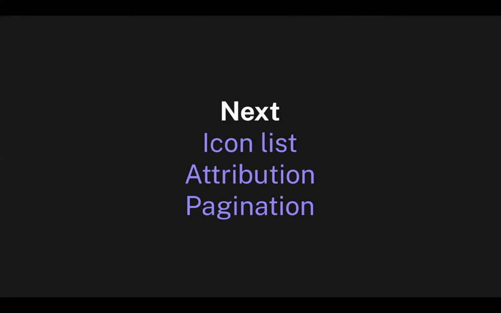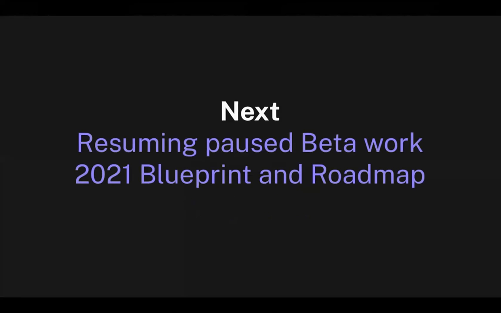We're also working on a pagination component for multi-page things like search results or long groups. We're also going to be resuming the paused beta work that we paused to get this emergency response work out, and working on our 2021 blueprint and roadmap, what we're doing in the new year and into the future.